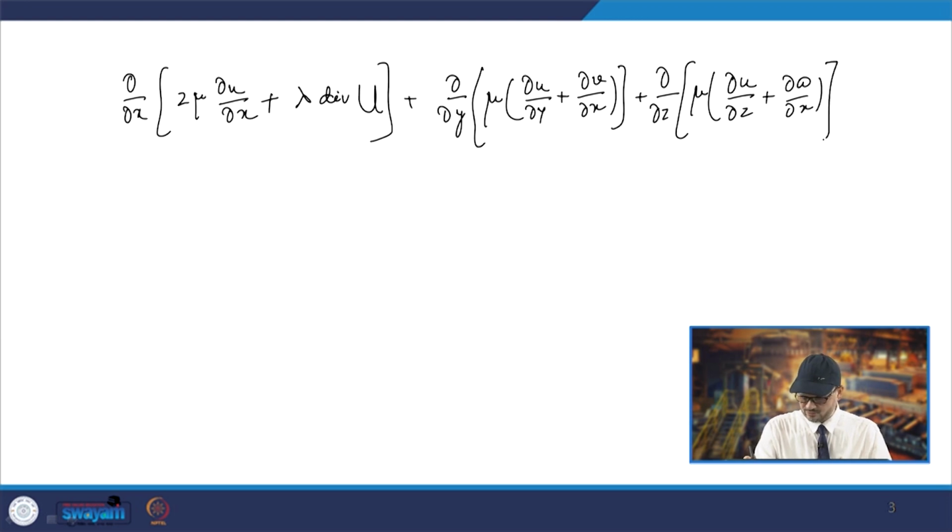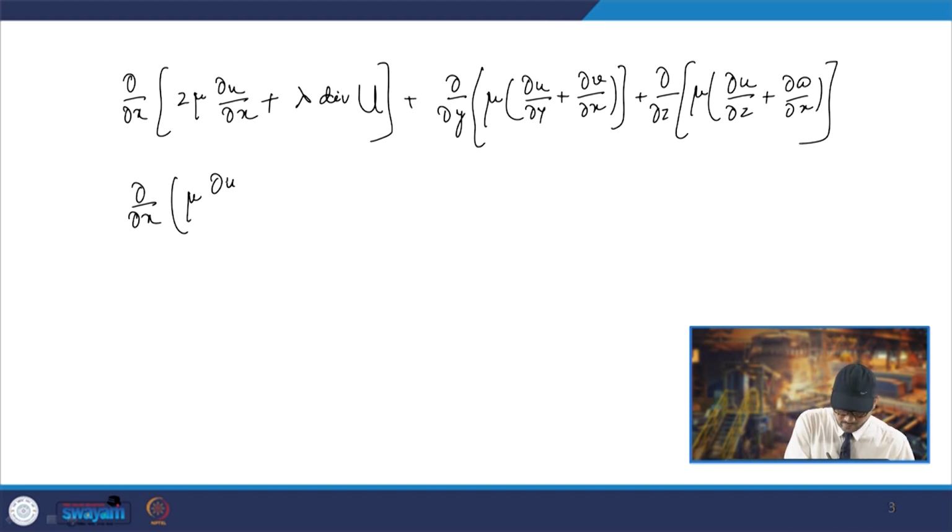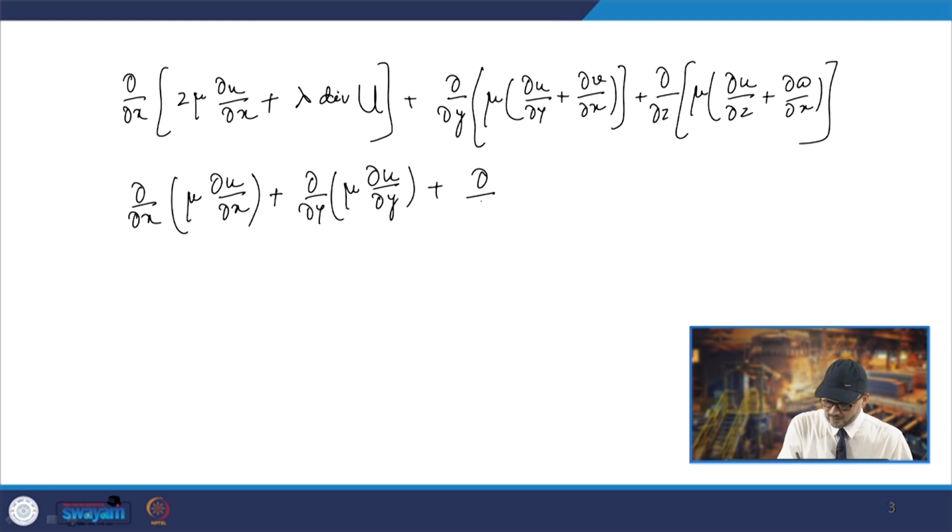If you try to write this equation further, first you take one of these terms together. It will be dou by dou x of mu dou u by dou x, then dou by dou y of mu dou u by dou y, plus dou by dou z of mu dou u by dou z.